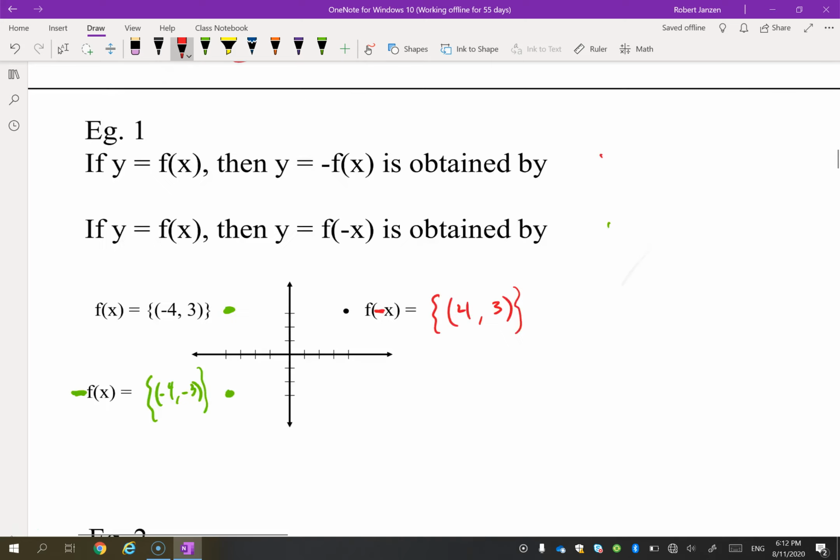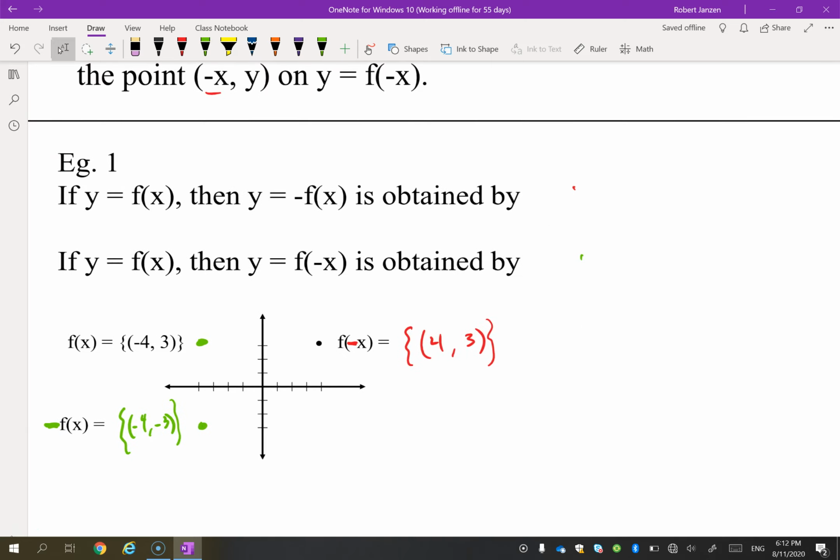Okay? So looking at these two examples, if we put a negative outside, then we can use the word flip, we can use the word reflect. Okay, so what happens? This graph is obtained by reflecting the y values.